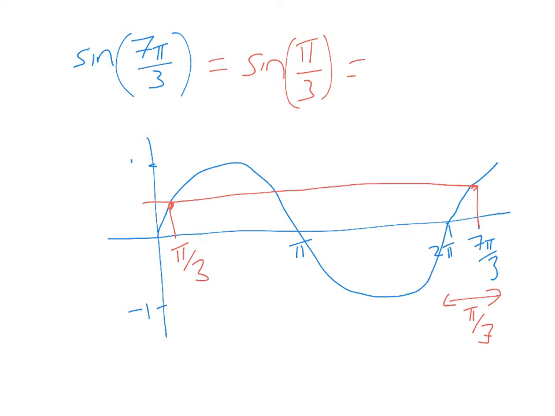So let's put that in. Well, remember from our previous triangle work, sine of pi over 3 is root 3 over 2. So these are all about looking at the symmetry, looking at the pattern of the graph. Good understanding of your trig graph is helpful, even when it's drawn badly like mine. Thank you very much.